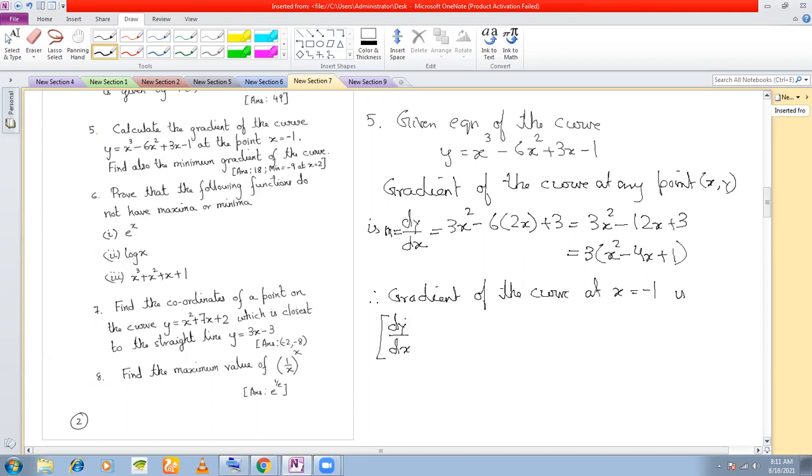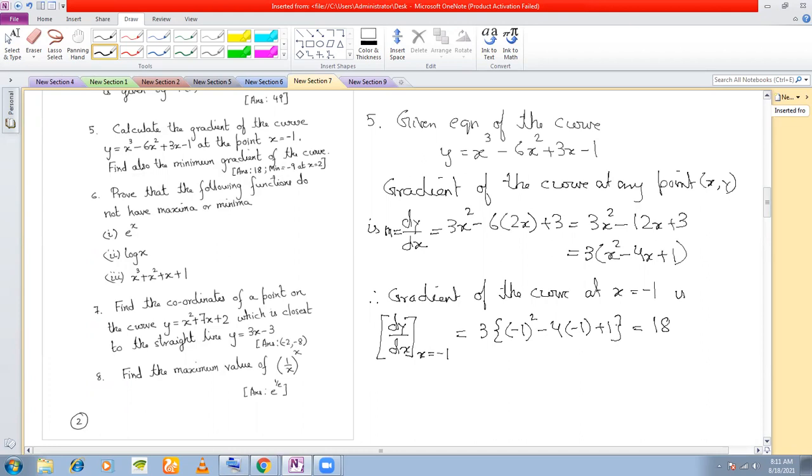Put x equal to -1 in dy/dx. You will get 3 times ((-1) square minus 4 into (-1) plus 1). This you will get as 18. So the gradient of the curve at x equal to -1 is 18.